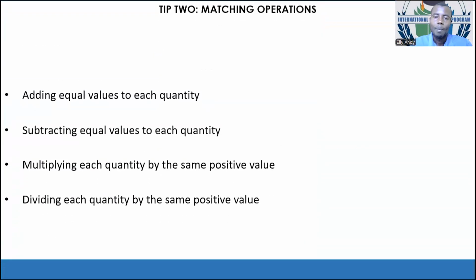Now, the next step is to do matching operations on both quantities. Because for quantitative comparison questions, we have quantity A and we have quantity B. So you can do matching operations on both quantities so that you can simplify them for ease of comparison.